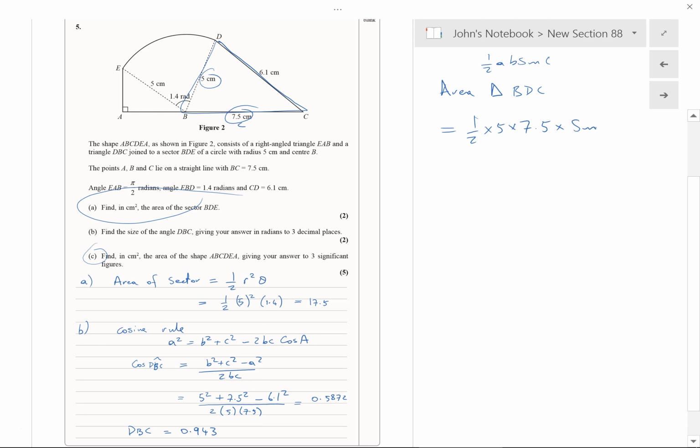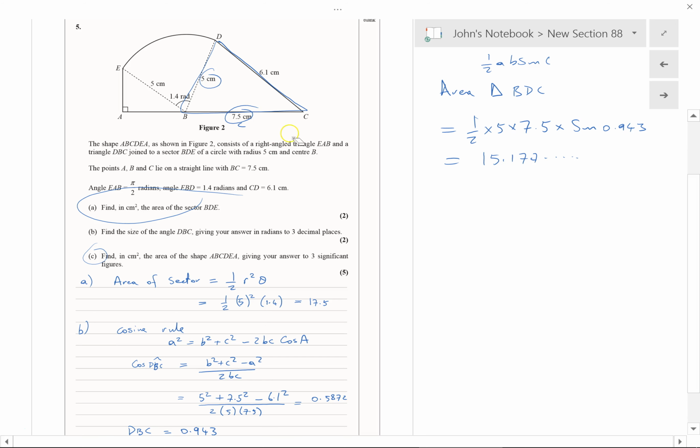It would be good to have the actual number stored in our calculator rather than the rounded answer, to avoid rounding errors. That gives 15.177 and a whole lot of other stuff, which I'm also going to store using the memory function on my calculator.